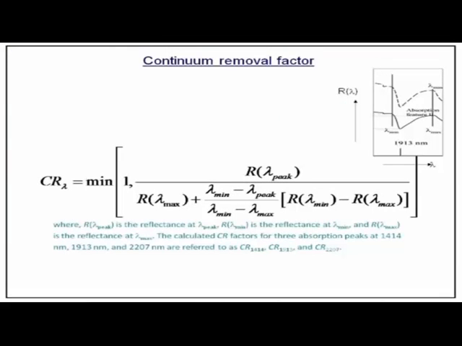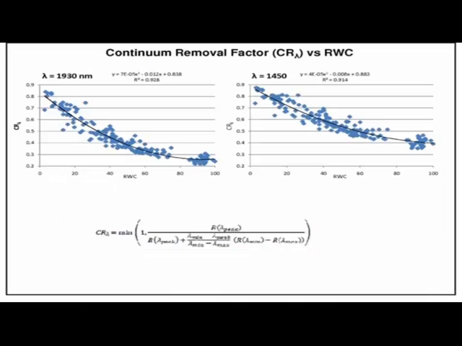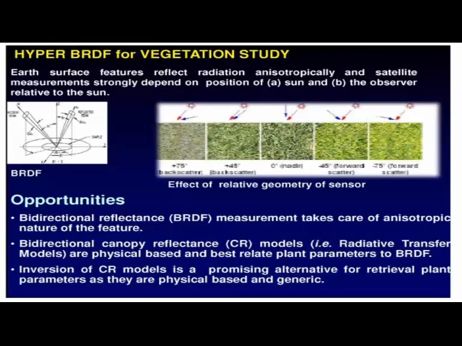Then at the last, let's look at hyperspectral BRDF, that is, the hyperspectral bidirectional reflectance distribution function study, which is very important with respect to vegetation. The basic principle is that nothing on this earth is isotropic with respect to radiation. For example, you see here a lawn with the camera in different directions.